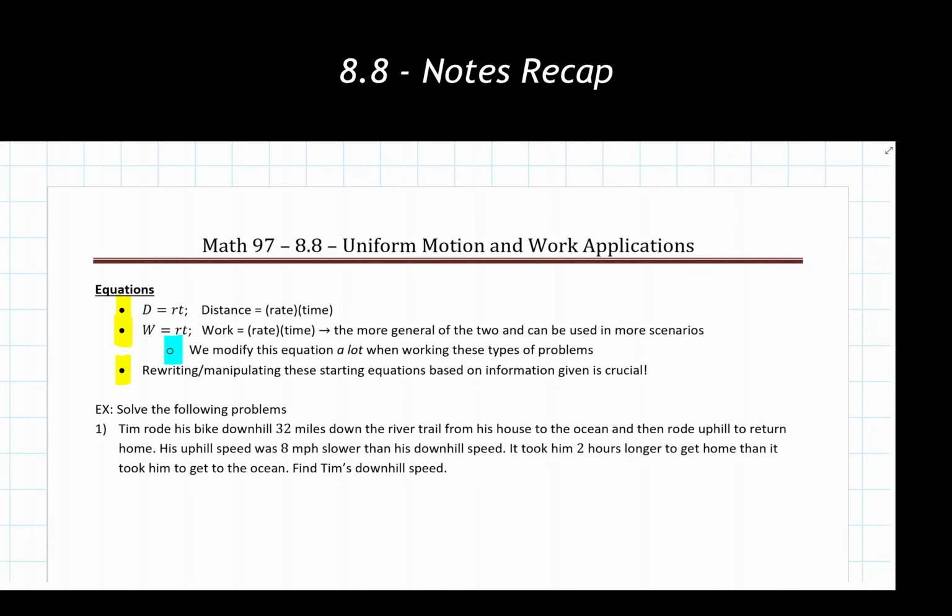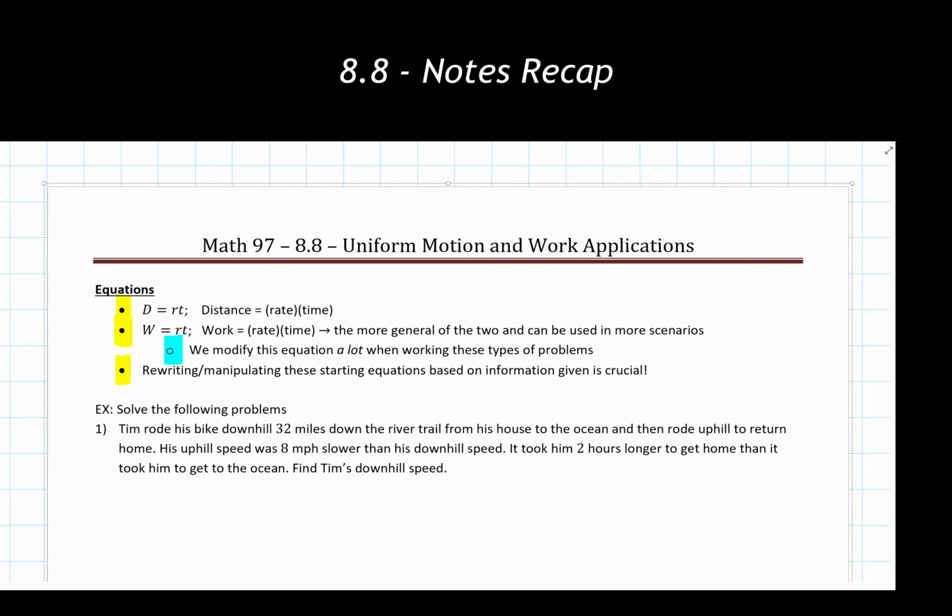So bringing things back together, the last little bit of the notes that we had with section 8.8. We had our 2 main equations that we are using here. We have our distance equation and our work equation. Both of those being distance equals rate times time and work equaling rate times time as well.